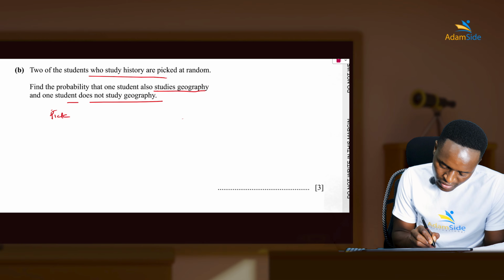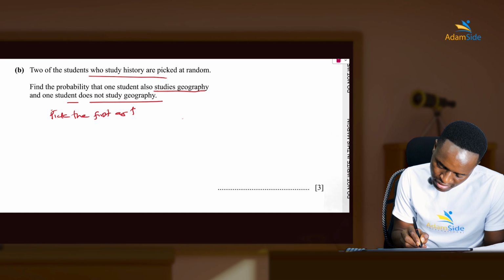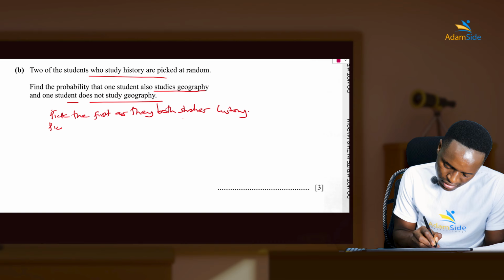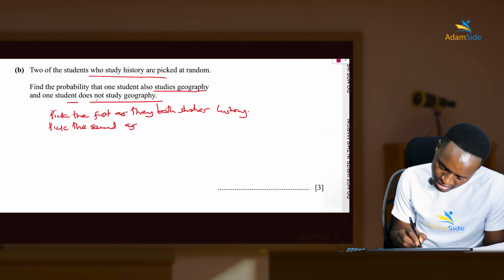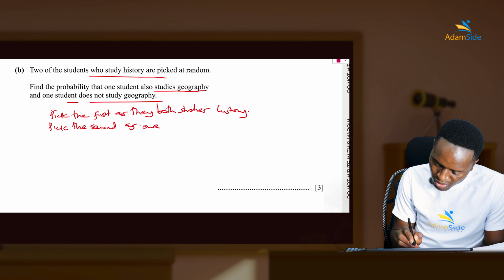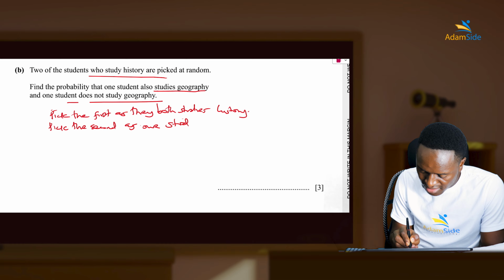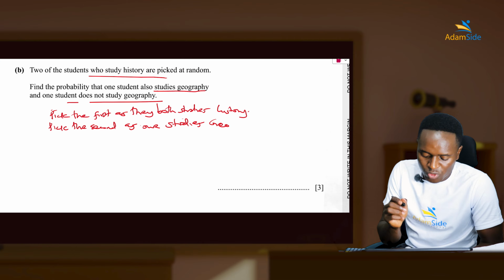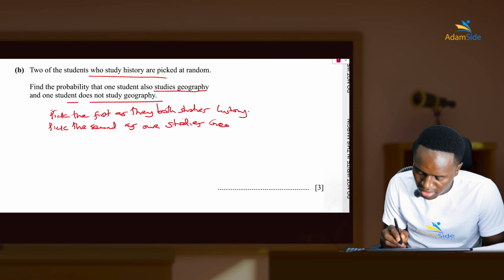So pick the first as one who studies history, and then pick the second as one who studies geography. As one studies geography and the other doesn't.